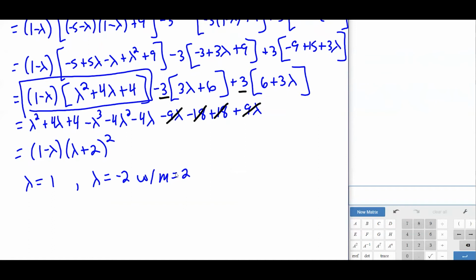So that just means we have a double root. We have 2 roots of -2. And that means that I only have one eigenvalue here where maybe I should have 2 eigenvectors. And I'm going to hope that I get 2 eigenvectors out of this guy.